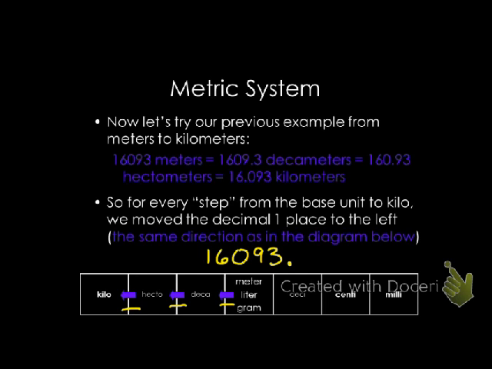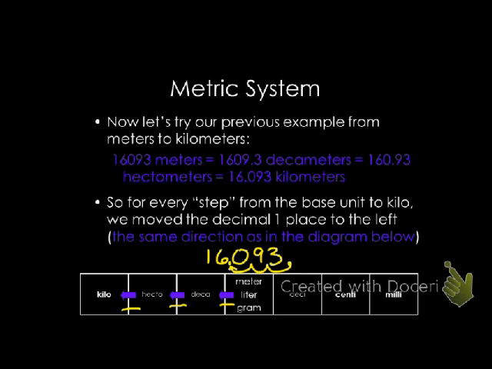So we need to move our decimal point 3 times, and we will move it to the left because that's the way we're moving on the scale. Move once, twice, 3 times, and our decimal point ends up between the 6 and the 0 in our digits.